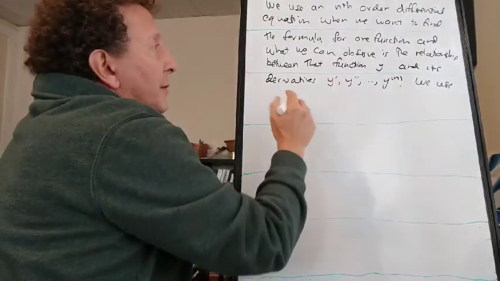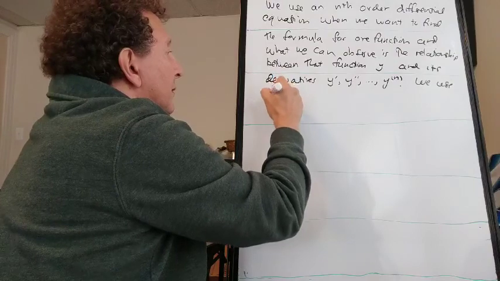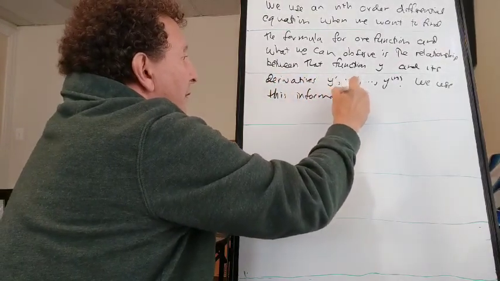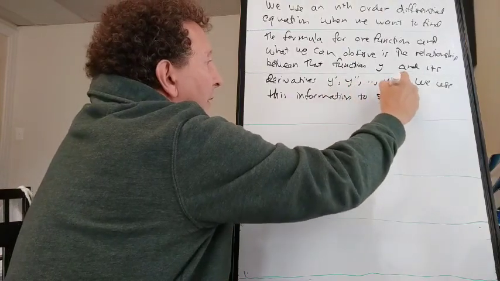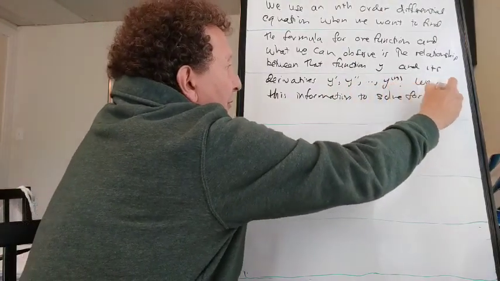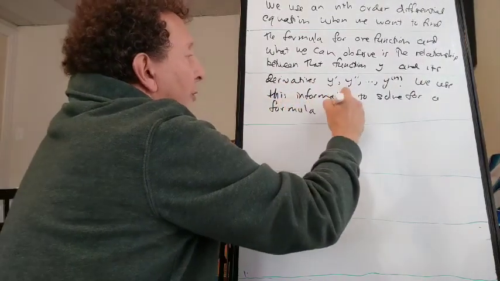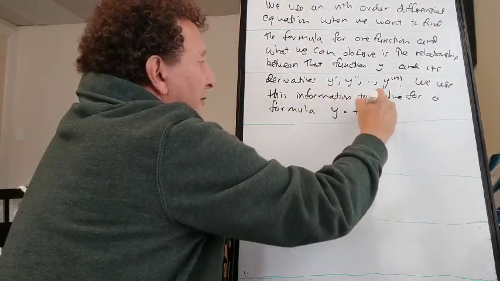So we use this information, whatever this relationship is, to solve for a formula, y equals, say, f of t.